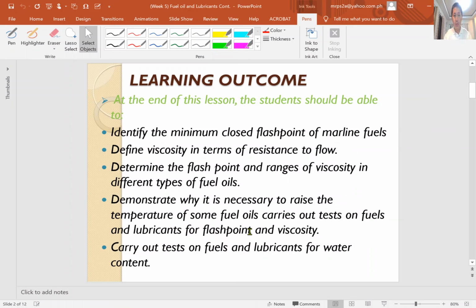We will demonstrate also why it is necessary to raise the temperature of some fuel oils. We will carry out tests on fuels and lubricants for flash point and viscosity, and we will learn also how to carry out tests on fuels and lubricants for water content.